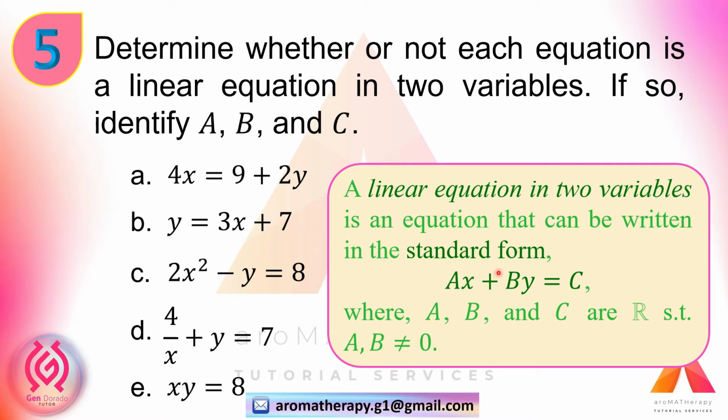Kapag ax plus by is equal to c, automatically that is a linear equation in two variables. This is your a, b, and c, the elements are real numbers, and take note that a and b are not equal to 0.